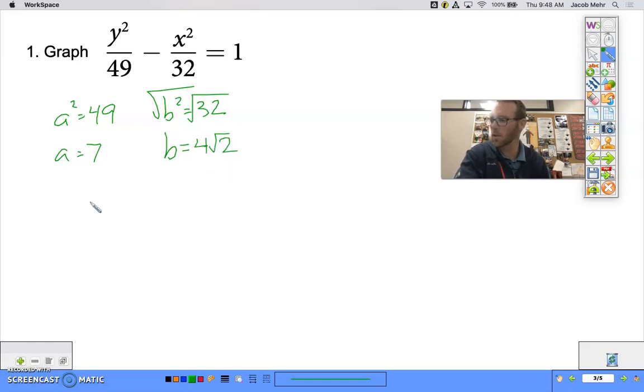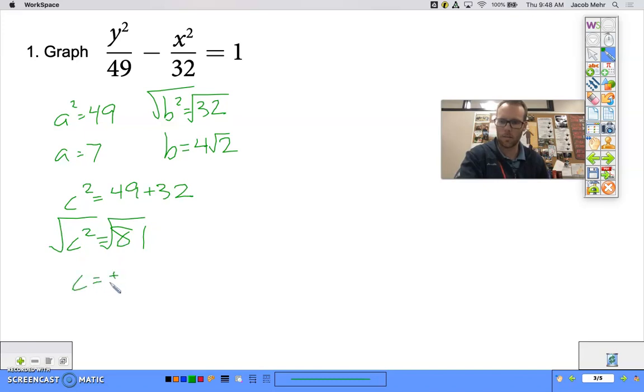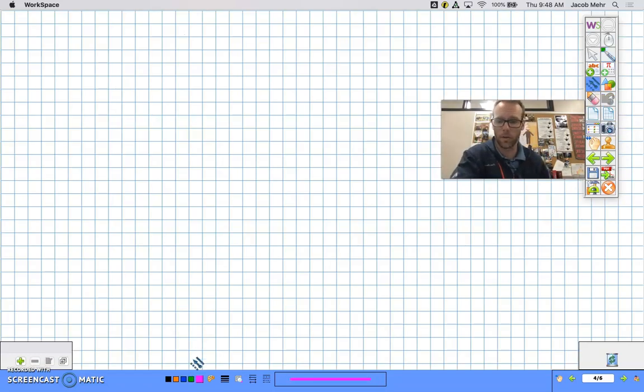Now we can find our c squared. c squared equals a squared plus b squared. Let's see, what is that? 81. Am I right? 70 plus 11, 81. So c is plus or minus 9. All right, so let's start sketching this. I'm going to just go to a graph paper here because it's going to be a little bit more detailed.